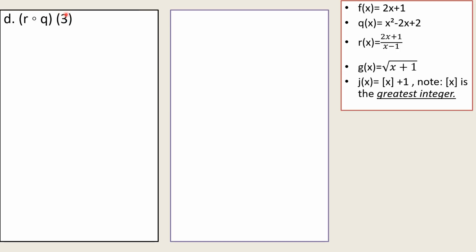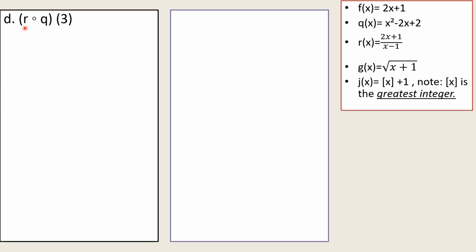Tama? And, of course, dito, i-apply natin yung concept ng evaluation. So, after natin makuha yung composition, that's the time na i-evaluate natin. Parang yung sa operation, kunin muna natin yung sum, difference, product, or quotient, then dun tayo mag-evaluate. Parang kamukha lang yan nito.